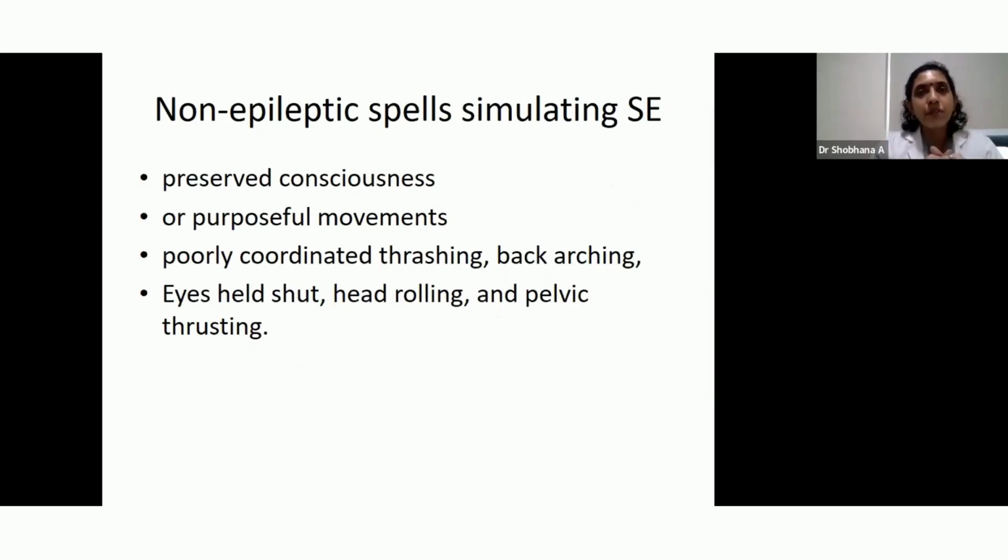They thrash back, and if there is a back arching, opisthotonus, you can be rest assured that this is a psychological patient who has a dissociation, right, or non-epileptic spell. Sometimes they shut their eyes, refusing to open. When you try to open the eyes, they try to resist, and that is once again in favor of a NEA or non-epileptic attack.